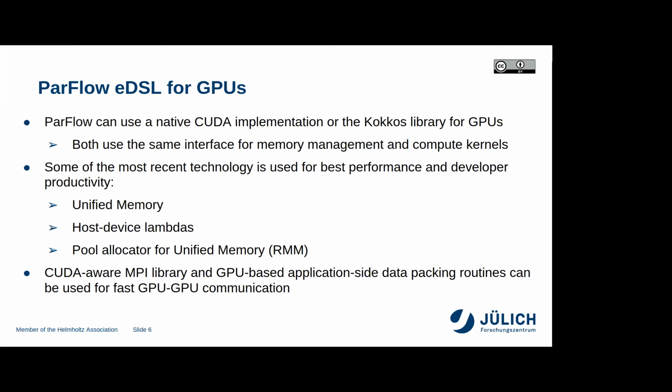The second thing is host device lambdas, and these allow passing lambda functions to GPU kernels, and I will get back to this with an example. The third is a pool allocator for unified memory, which improves the performance quite a lot in the ParFlow case. And finally, we can also use CUDA-aware MPI library, which allows us to use efficient GPU-GPU communication with application-side GPU-based data packing routines.